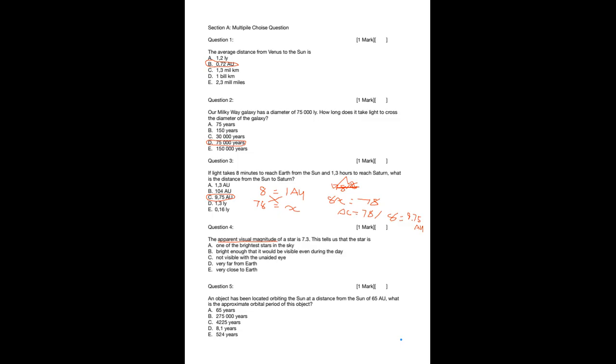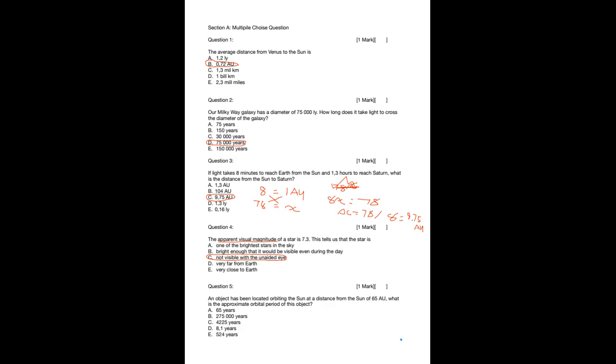C, the correct answer is C. You guys are correct. So when you say it's 7.3, if you say it's one of the brightest stars in the sky, that is not true. The brightest star is Sirius, and I think that's sitting at a magnitude of 0 or 0 point something.